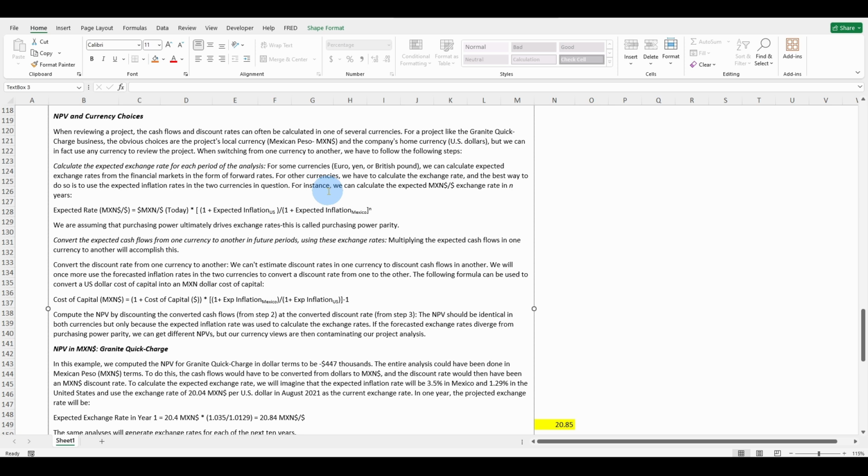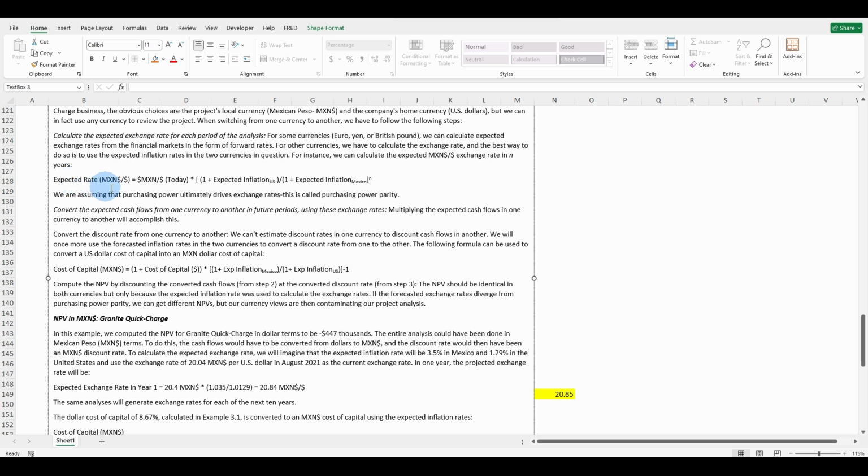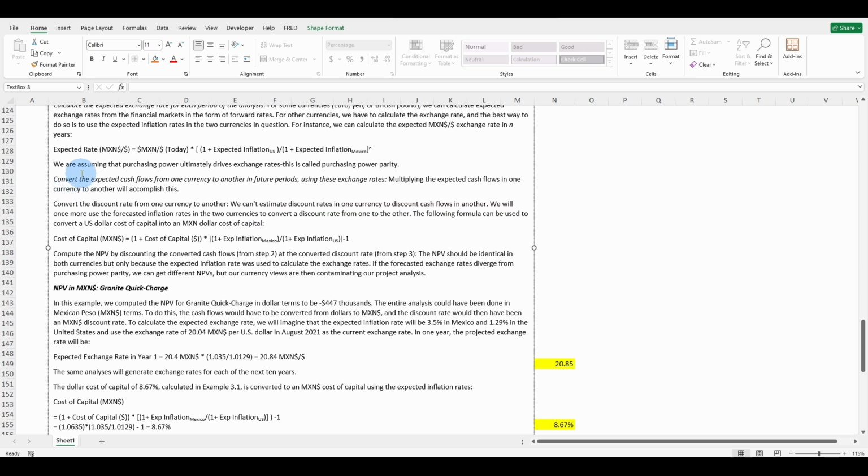For instance, we can calculate the expected Mexican peso exchange rate in N years by using: expected rate, Mexican pesos to US dollars, equals Mexican pesos divided by US dollars today, times 1 plus expected inflation US, divided by 1 plus expected inflation Mexico. We are assuming that purchasing power ultimately drives exchange rates. This is called purchasing power parity.